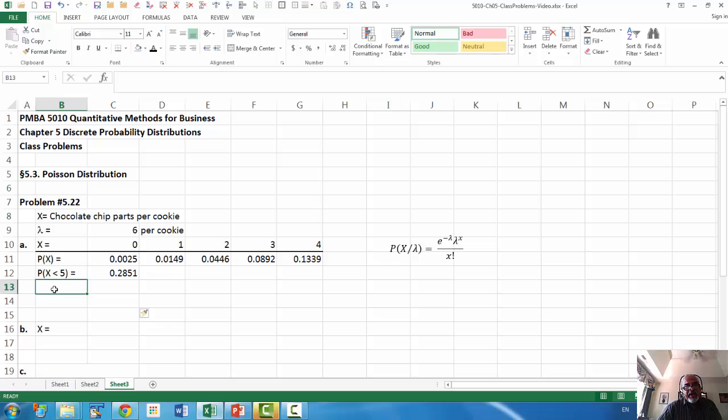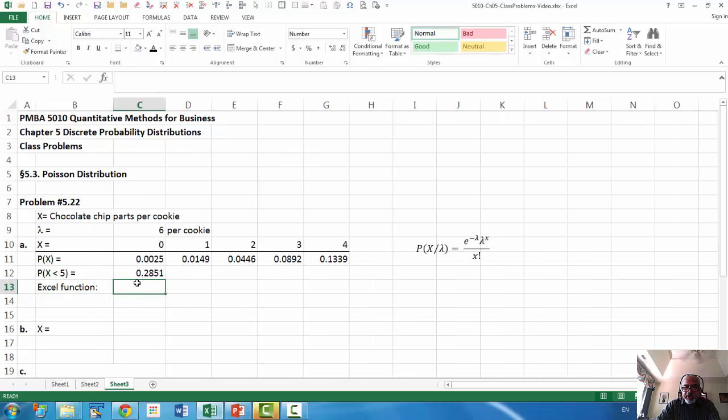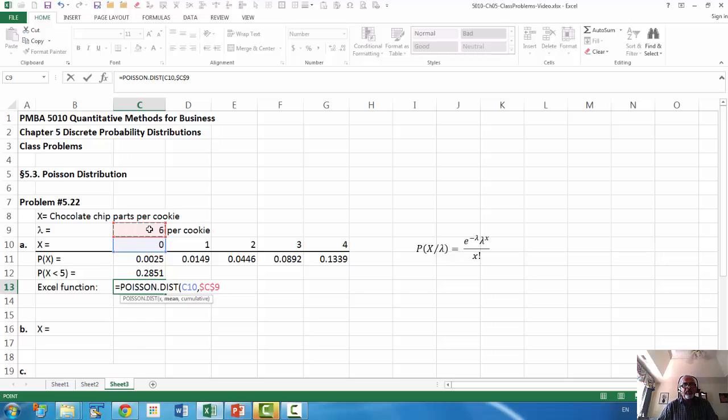Now we can find these probabilities using the Poisson Excel function also, instead of the formula. So we can go Poisson.dist. So here is x, and then the mean, and make that absolute reference.